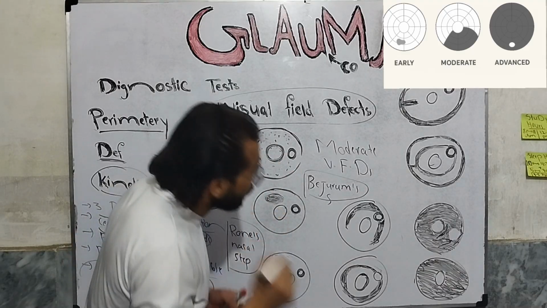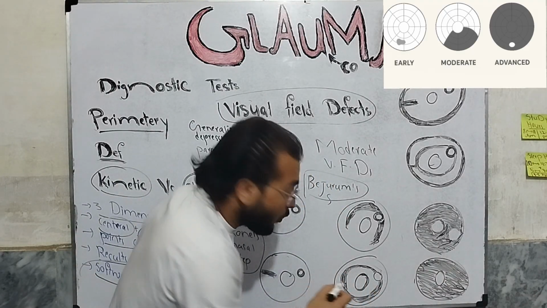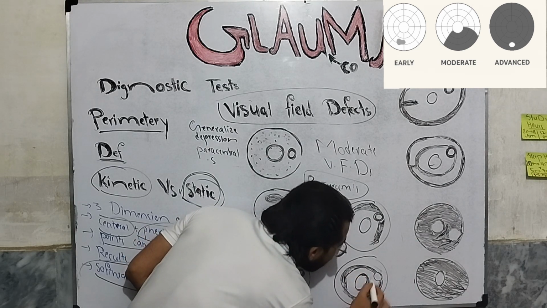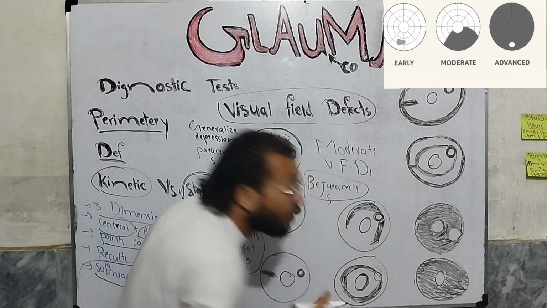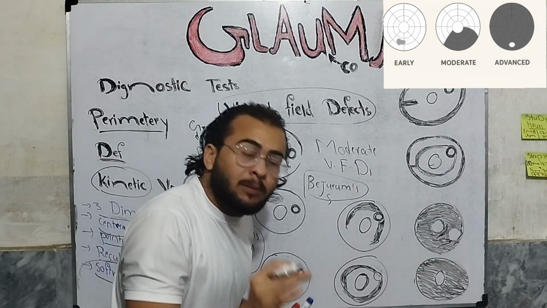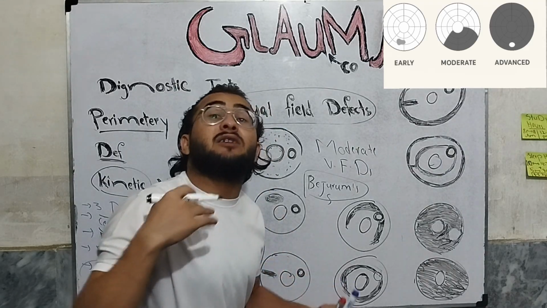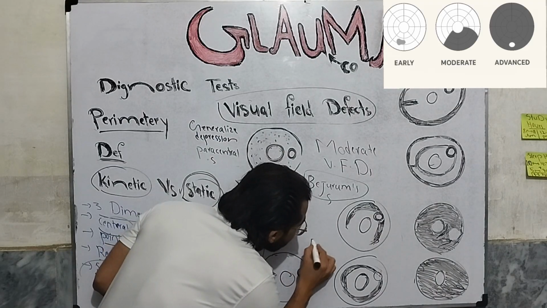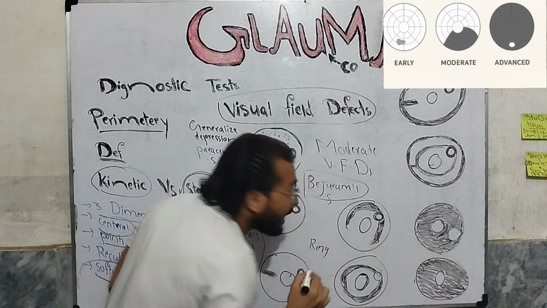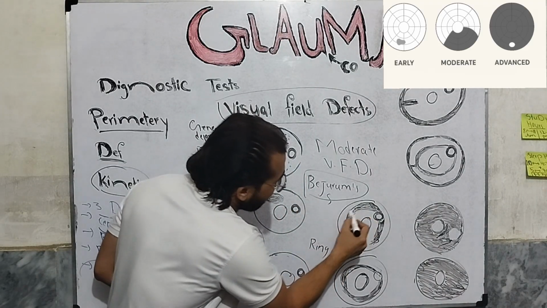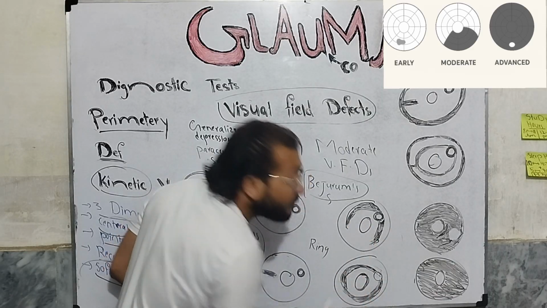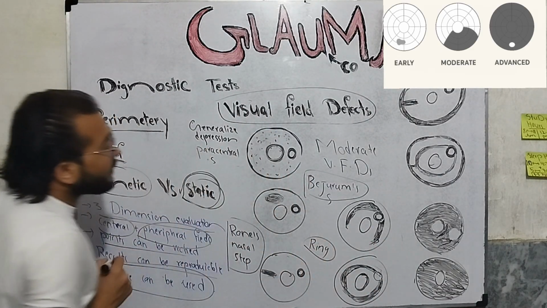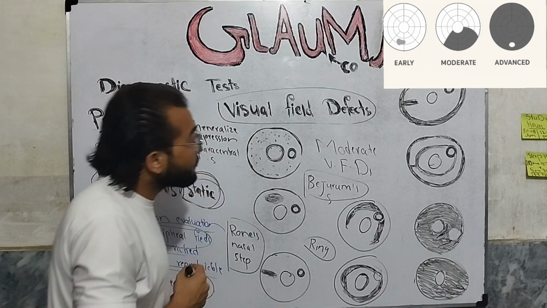Around this central field, when the Bjerrum scotoma forms a ring-shaped structure, this is called ring scotoma or double arcuate scotoma. So it is in a ring form. This is the second moderate visual field defect.